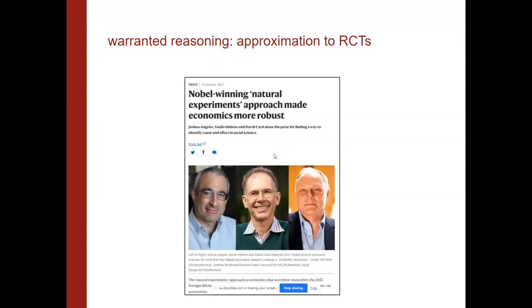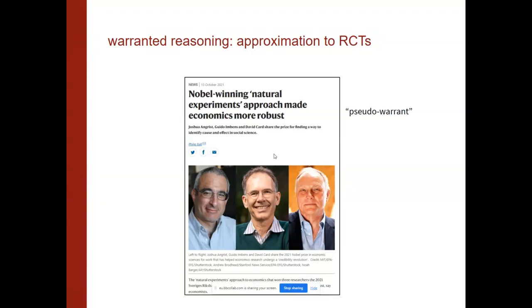Okay, and by the way, the Nobel Prize was just awarded for this a couple of years ago. The economists, pictured here, basically noticed that in the real world there are things that almost behave like warrants, that almost behave like randomizations, these natural experiments. And if we predicate on that, we can do something like a pseudo warrant.